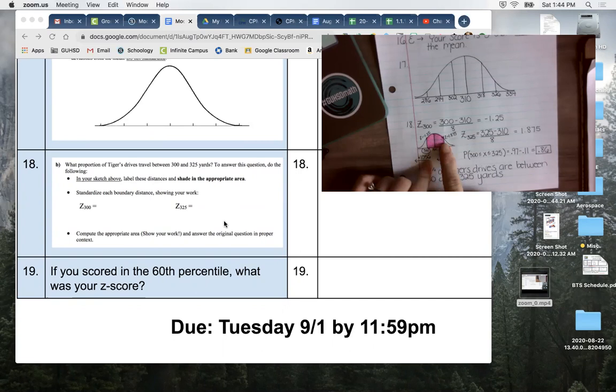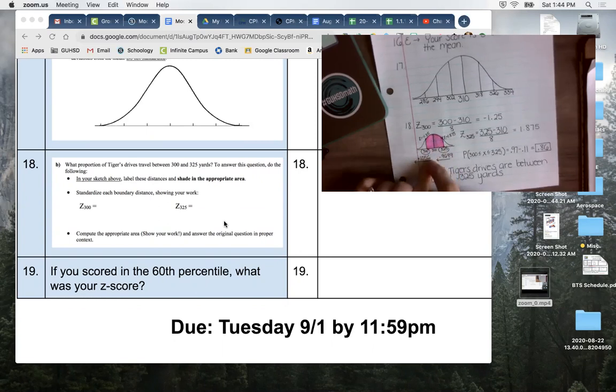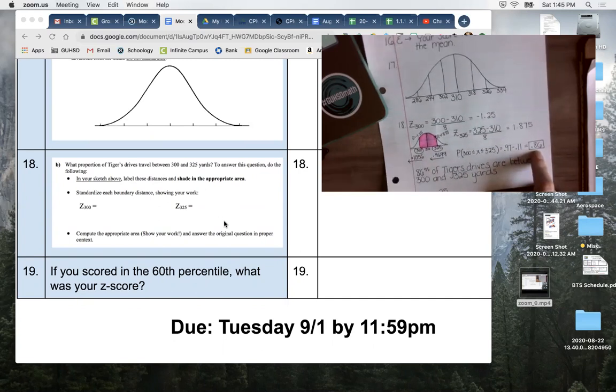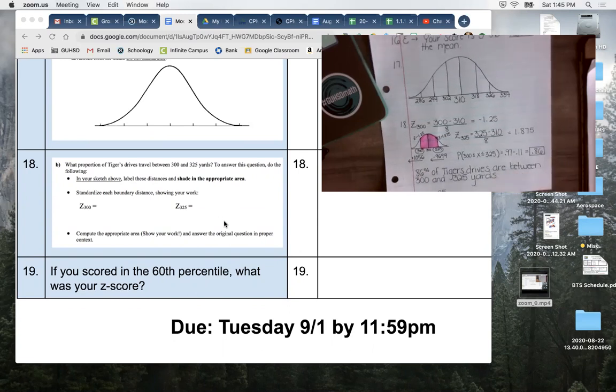So remember, when we're finding the areas in between, 97% goes all the way down but I want to take out this little piece to figure out the area in between. So I take out this 11%. So I take 97% minus 11% and I get 86%. About 86% of Tiger's drives are between 300 and 325 yards. That is what number 18 looks like.